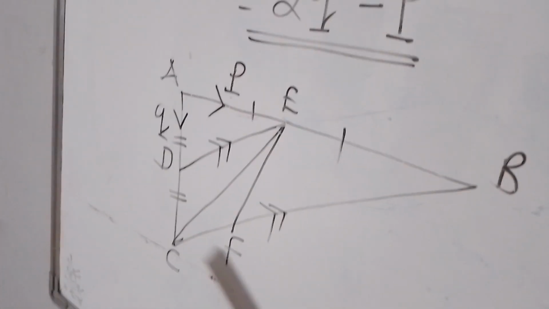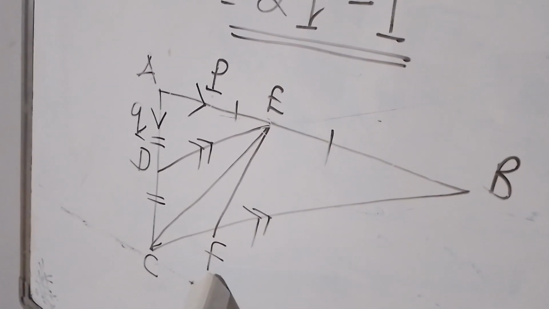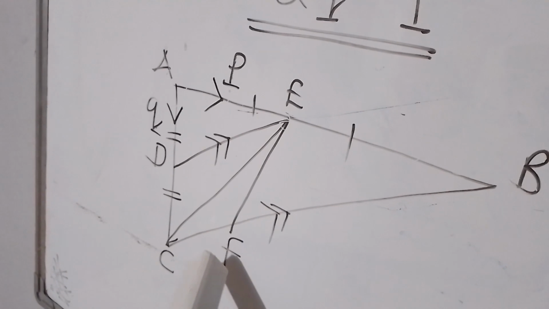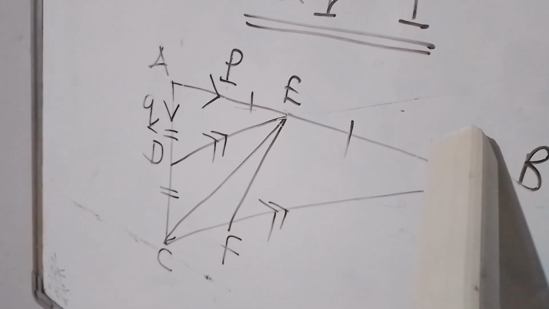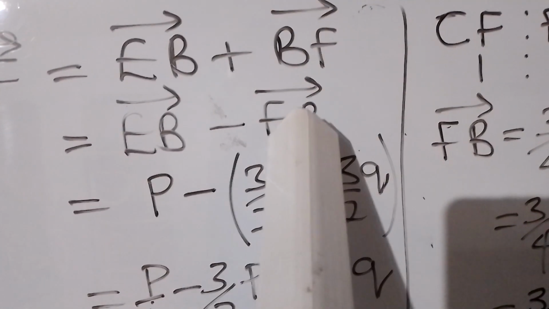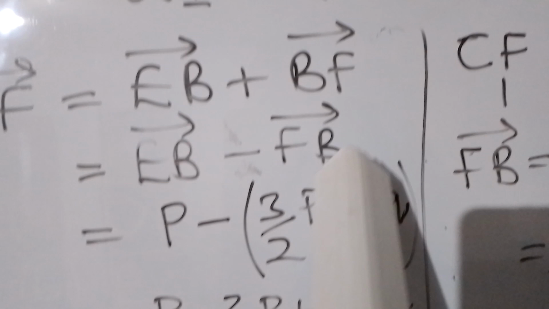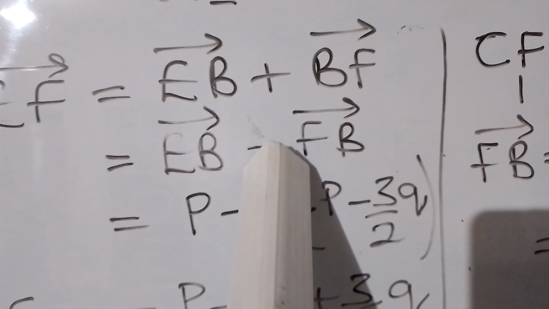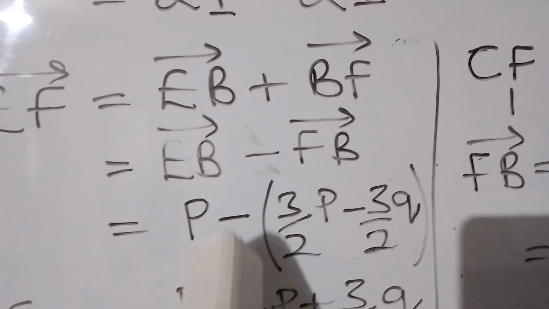So EB plus BF. Now again, when we get back to the diagram, BF is the opposite of FB. Have you seen? So it means that our BF here has to be negative of FB. We have to be very careful because once we miss out this point, we are going to have everything wrong.